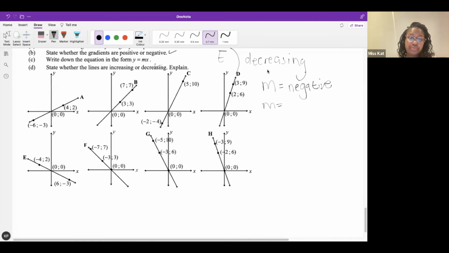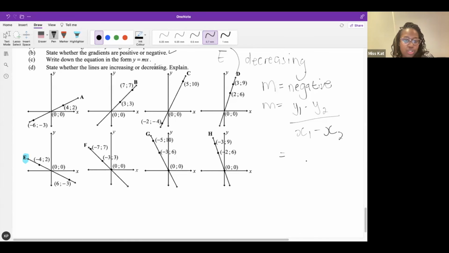Let's remind each other. m is less than 0. That's a nice way to write it. For gradient, y1 minus y2 divided by x1 minus x2.